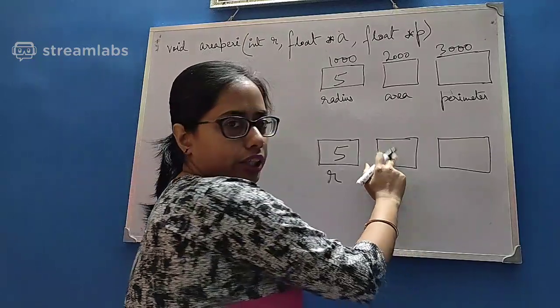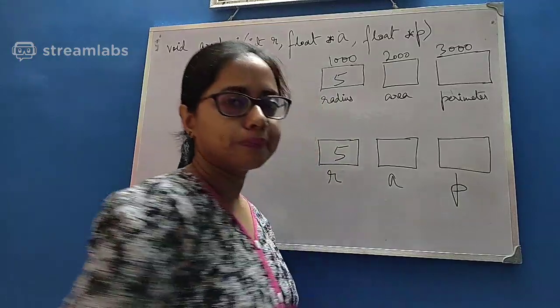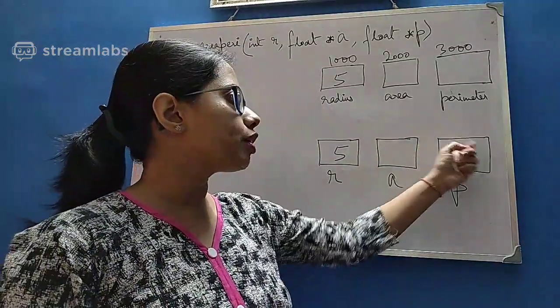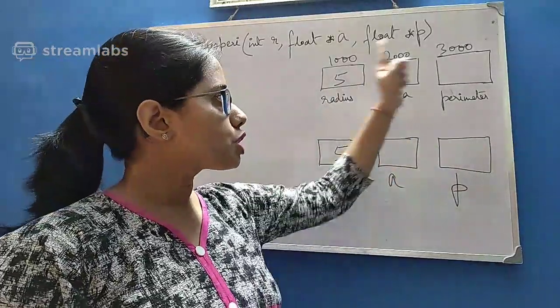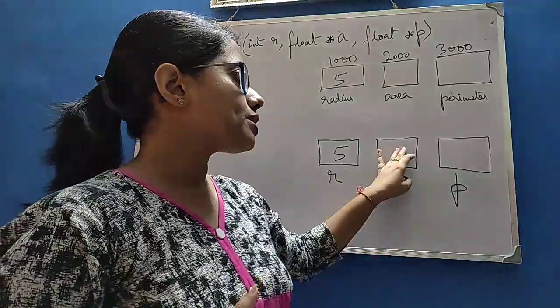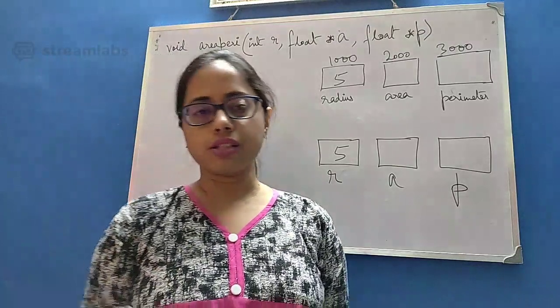What should be the content of A and what should be the content of P? So can I get answers from you? I'm asking what would be the contents of A and P. Just by looking at the entire figure and whatever I have explained so far, you must tell me what should I write in the boxes corresponding to A and P. I want answers in the chat box.